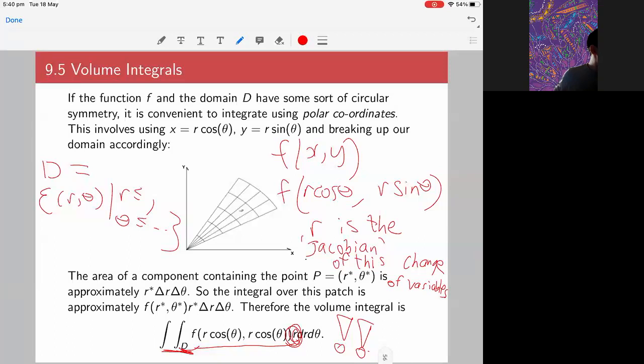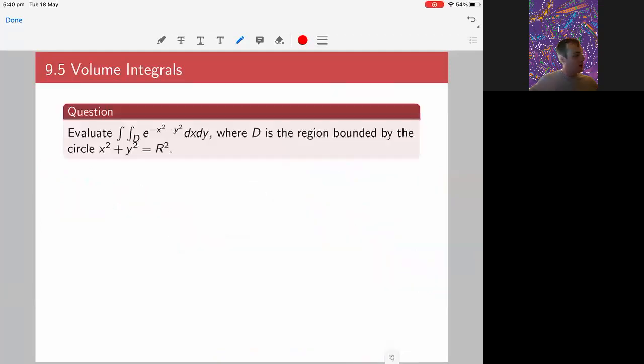Okay, we're now going to have a look at an example of this. We're going to do an example that uses these particular volume integrals, and it's a very, very important one. The integral of e to the minus x squared minus y squared dx dy, where D is the region bounded by the circle x squared plus y squared equals R squared.